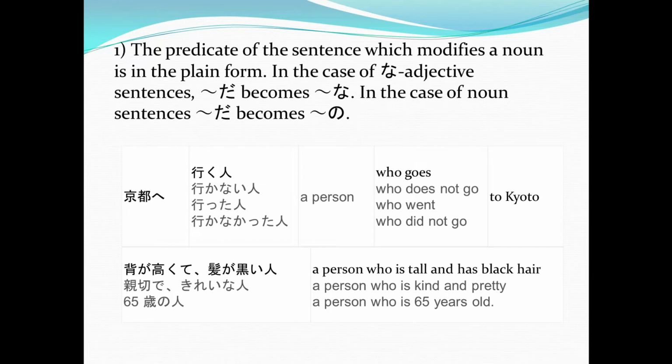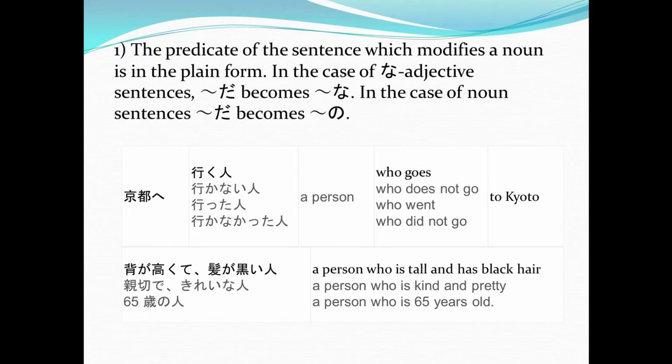Wakatta? Notice how we use no in the case of noun sentences, wherein 65歳の. And then for the na adjectives, we use shinsetsu de kirei na hito, changing the da into na as per the rule.